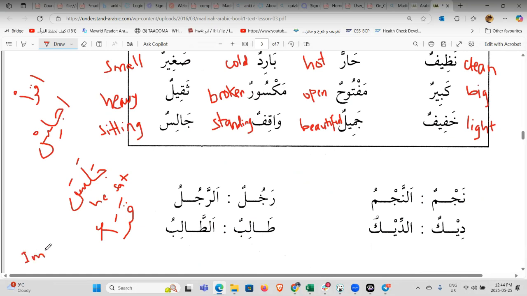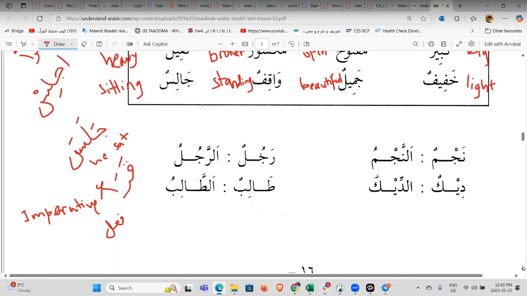The imperative form, in Arabic, is called fi'l al-amr. Fi'l al-amr literally means the verb of command.